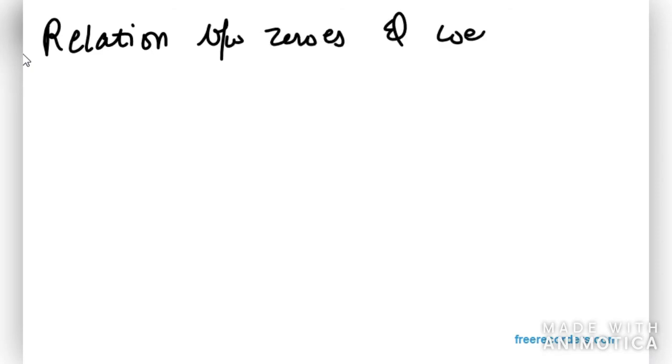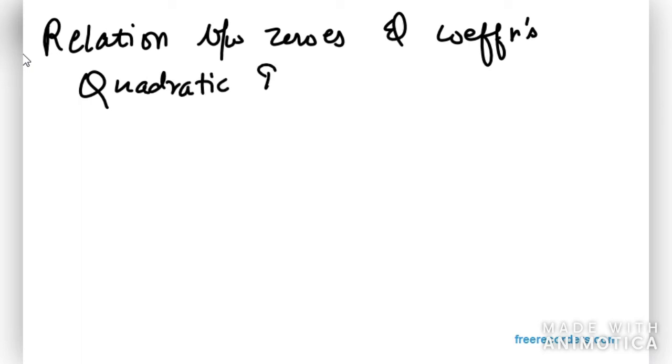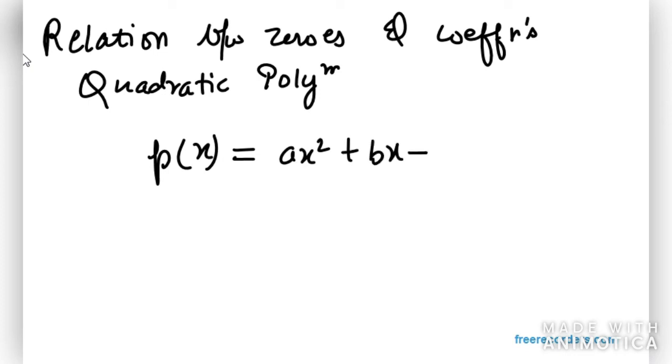So we have two formulas under this. So this is actually for a quadratic polynomial. Now we have a general equation, that is p(x) = ax square plus bx plus c.